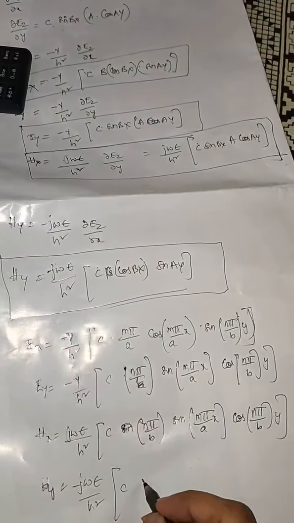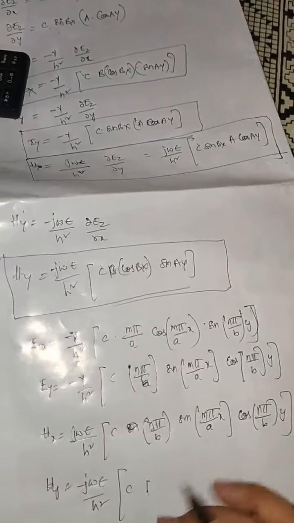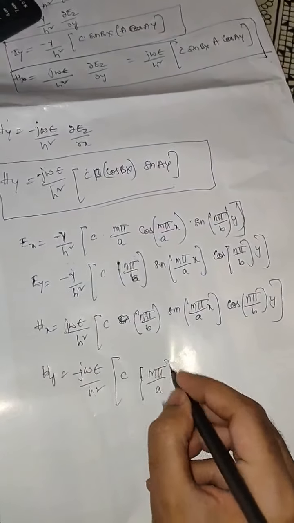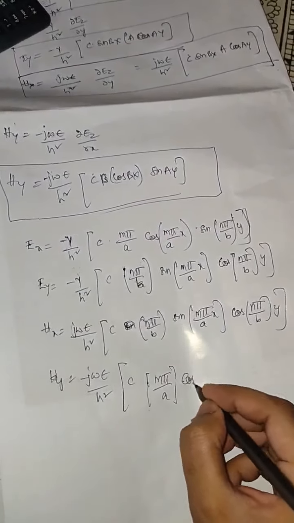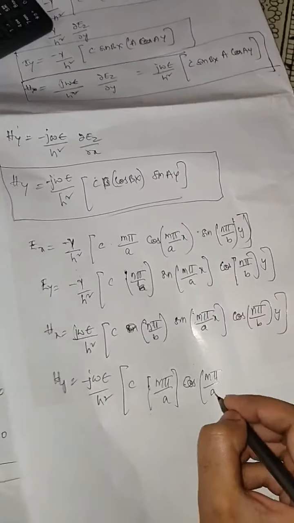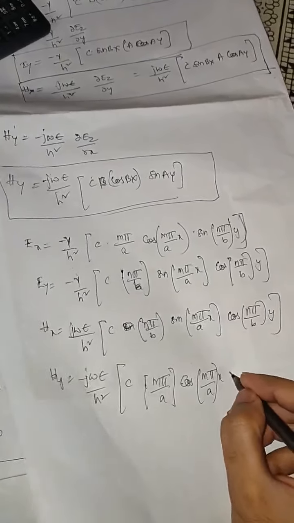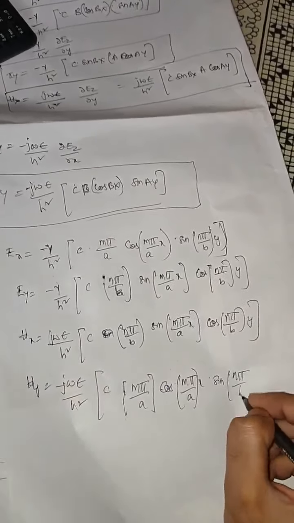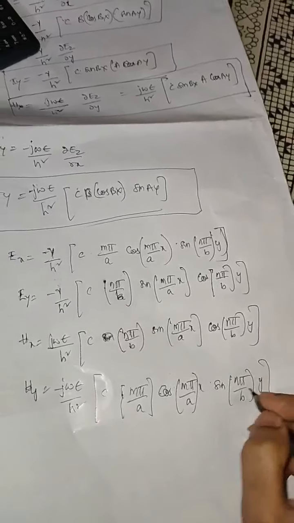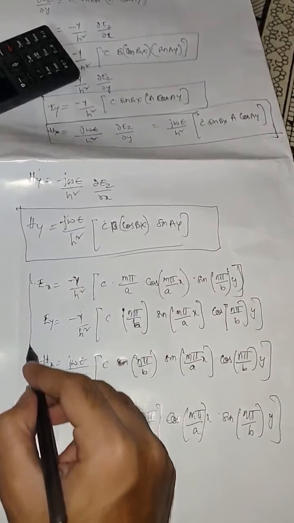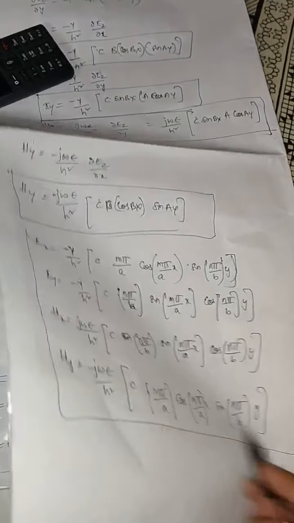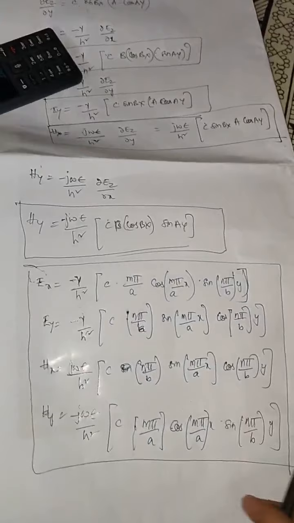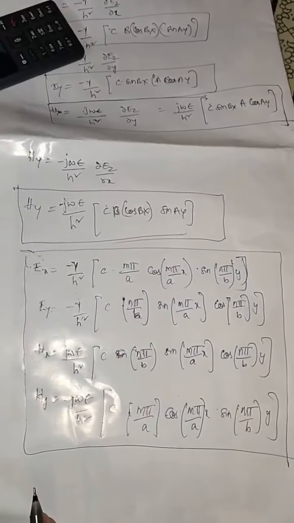So C multiplied with b, b is m pi by a, cos of m pi by a x, sin of a, which is n pi by b y. Okay, so these are the values of Ex, Ey, Hx, Hy for a transverse magnetic mode.